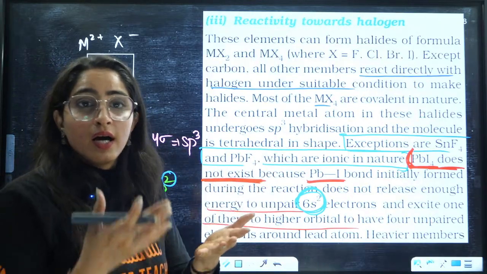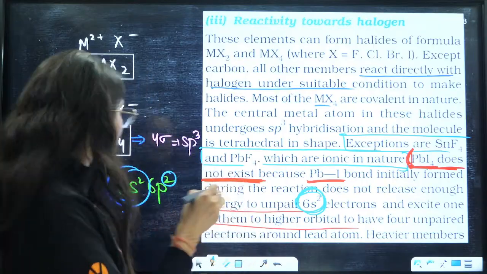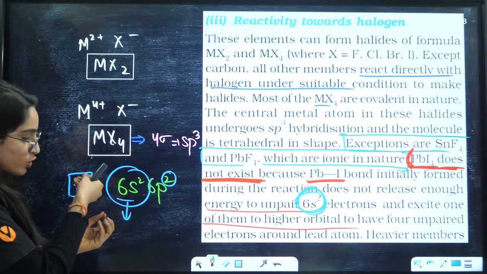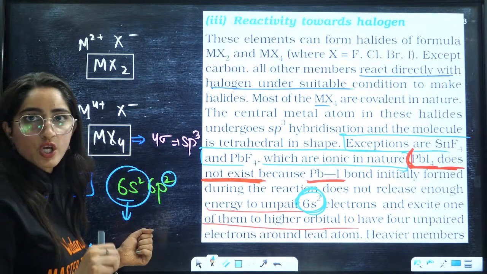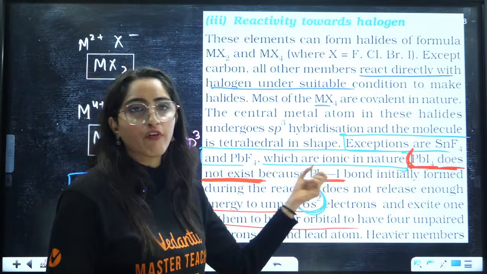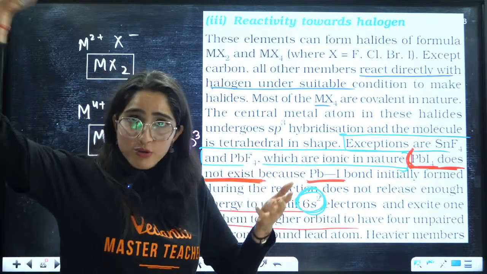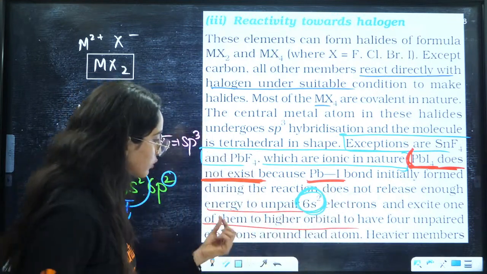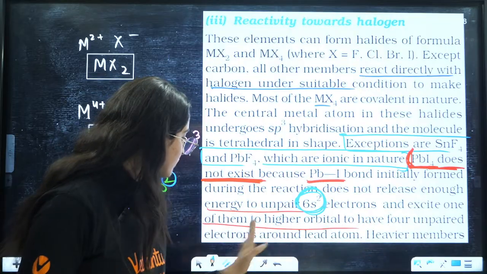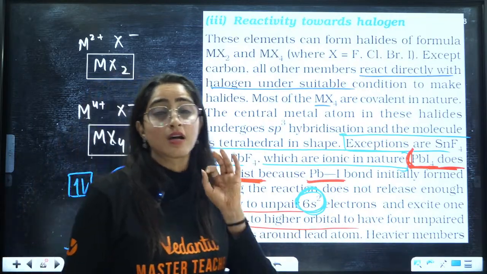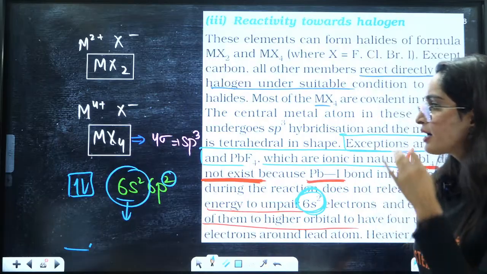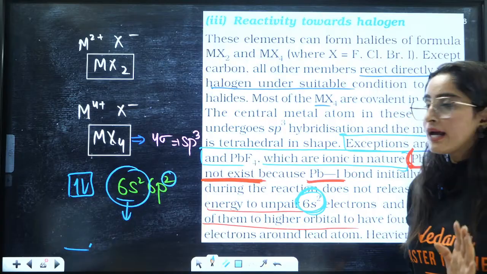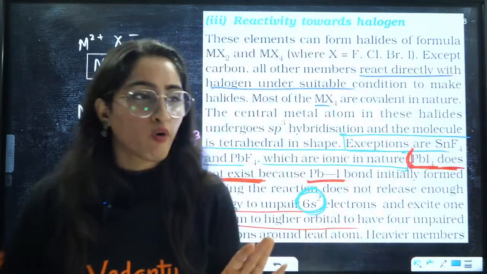We need to give energy to unpair these 2 electrons, but that much energy is not released in the formation of Pb-I. From outside it will not get the energy, right? So the electrons are not excited to a higher orbital to have 4 unpaired electrons around the lead atom. That means the sp3 hybridized orbitals are not formed. That is the reason PbI4 does not exist.